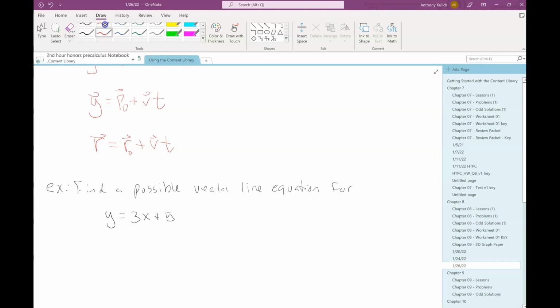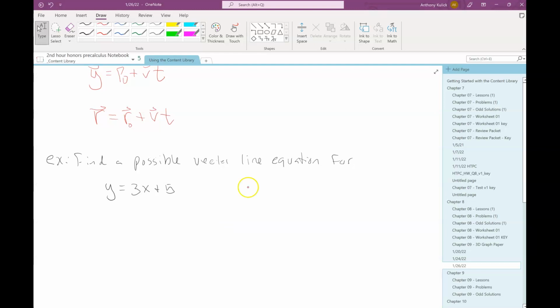So let's just do a quick example, because this is a pretty easy process now that we've laid the foundation. So my vector equation for a line, again, is this. There's two things that I'm going to need.